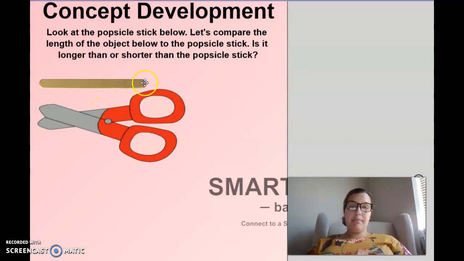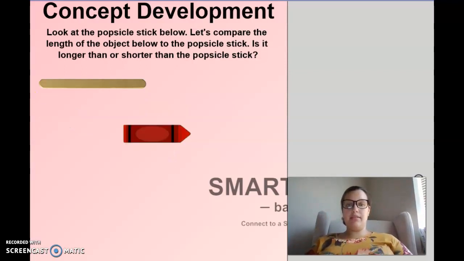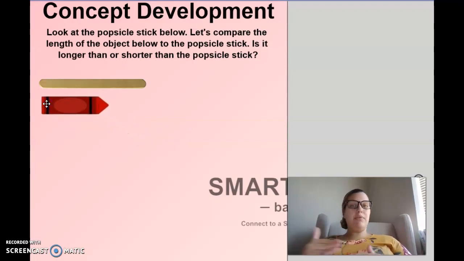Look at the popsicle stick ends here and the scissors go all the way to here. So the scissors are longer than the popsicle stick. I love how we're remembering to line those objects up. That helps our accuracy.